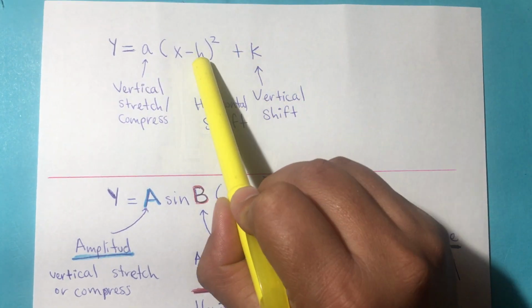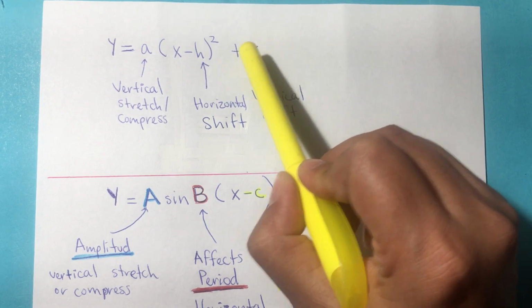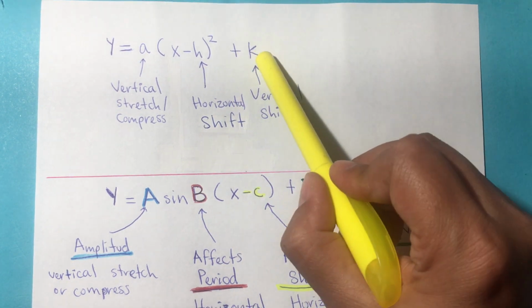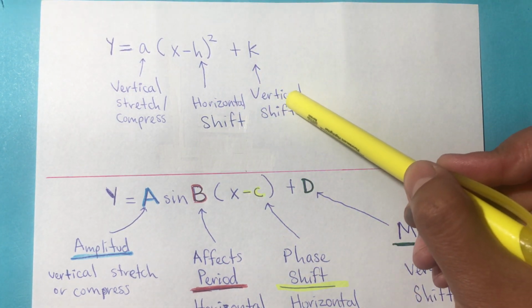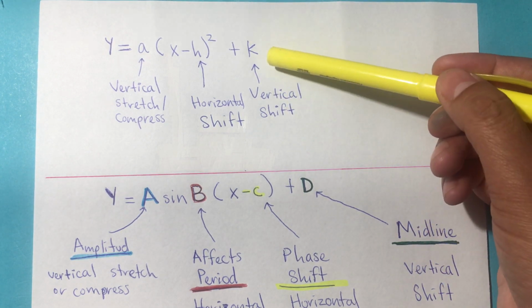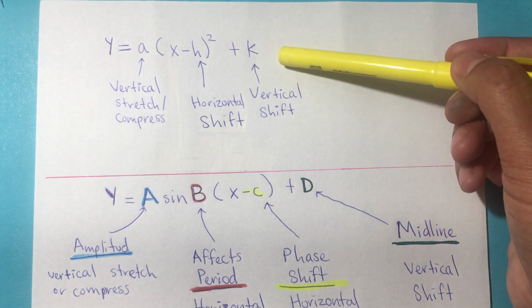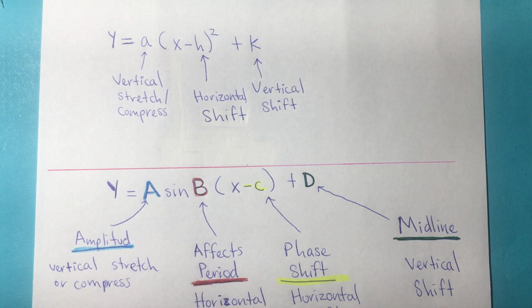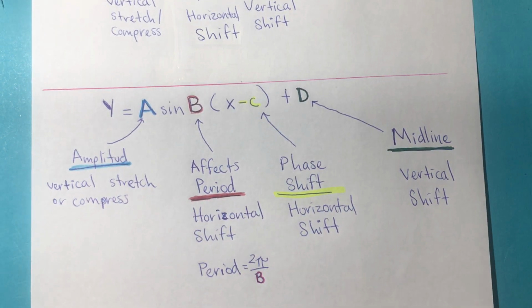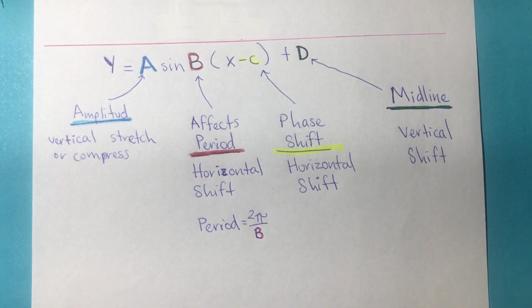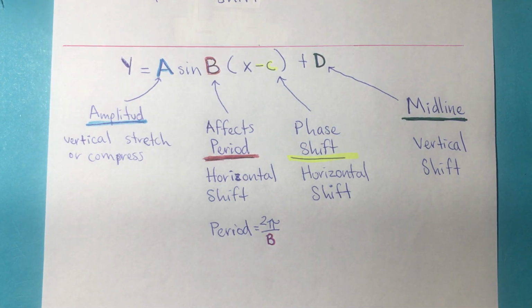And k, which is adding or subtracting outside at the end as a constant, is a vertical shift. If it's positive it goes up, if it was negative it would go down. That's going to be very similar to the transformations with trigonometric ratios.